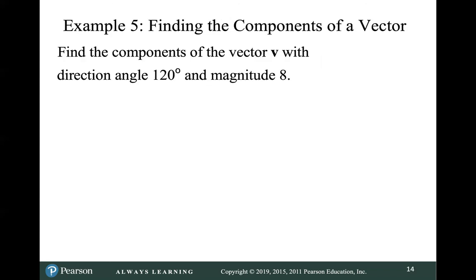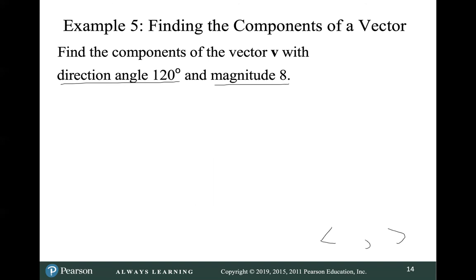Okay, so let's do an example here. We want to find the components of a vector with a direction angle of 120 degrees and a magnitude of 8. So components means we want to find the vector in the pointy bracket form, but we're not given distances now, we're given a magnitude and a direction.